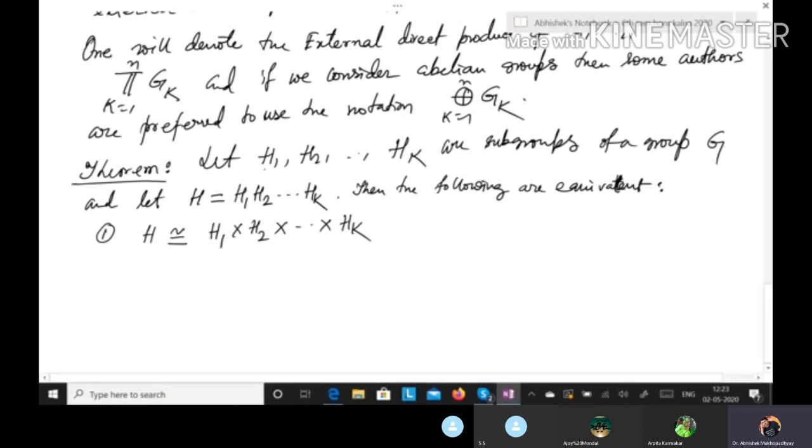Now since H1, H2, Hk being subgroups, these are themselves groups, and so we may consider their external direct product. It is isomorphic to H. So this is our first statement.